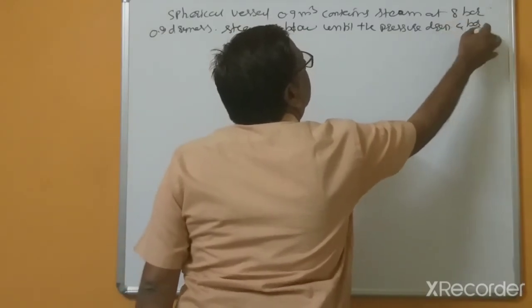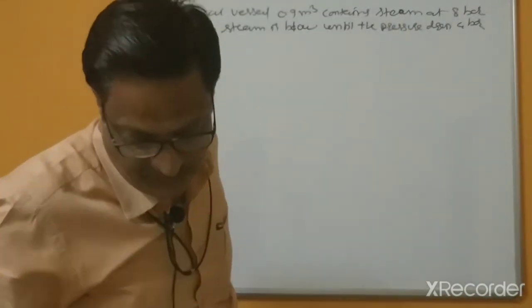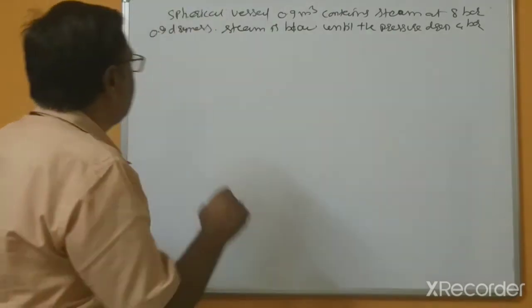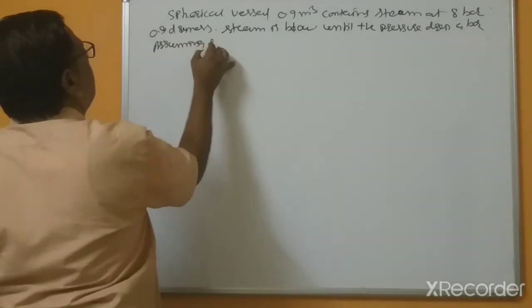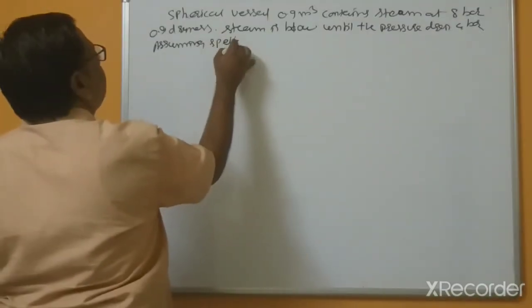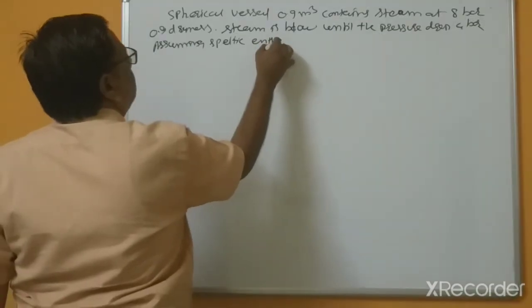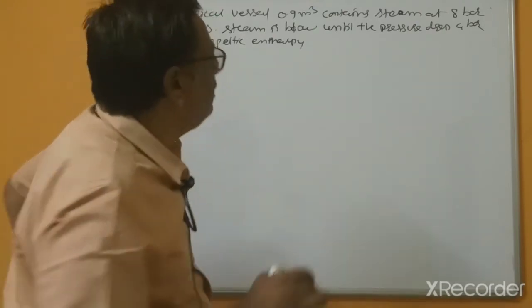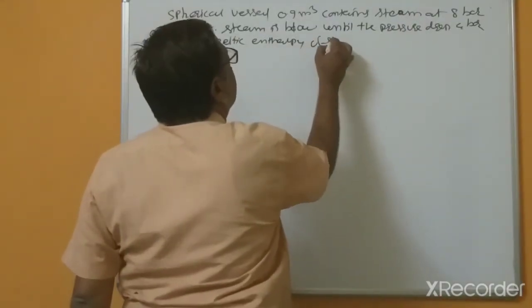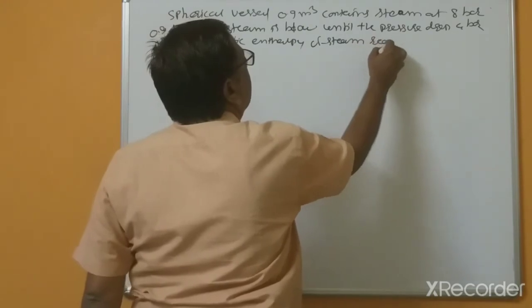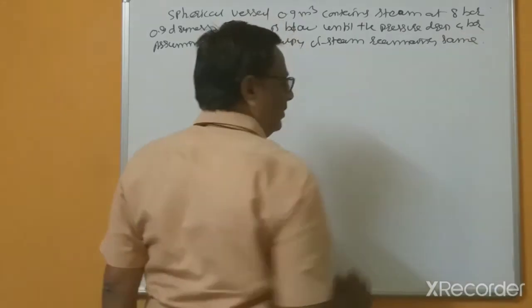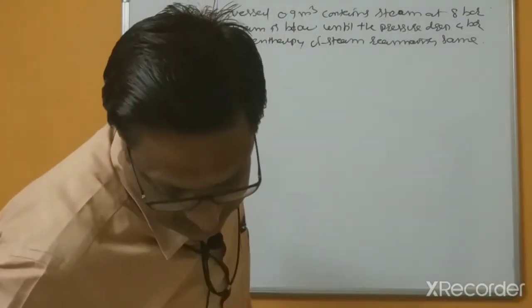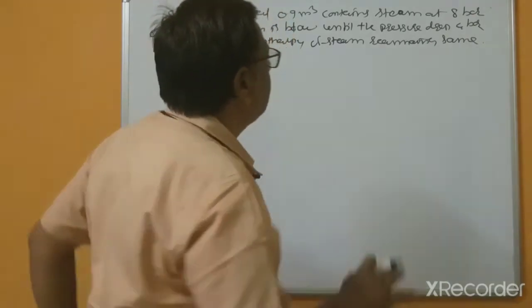to 4 bar, which means 50% pressure release. Assuming the specific enthalpy of the steam remaining the same, or constant.